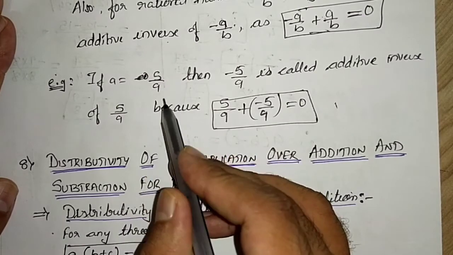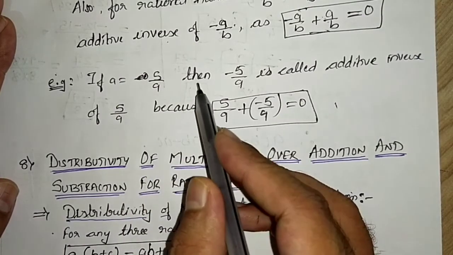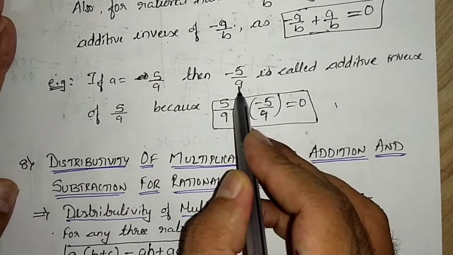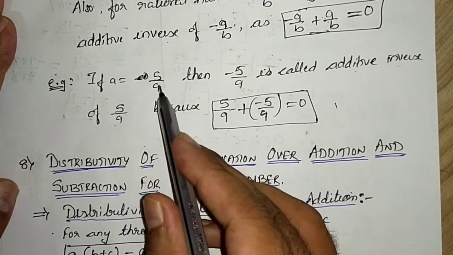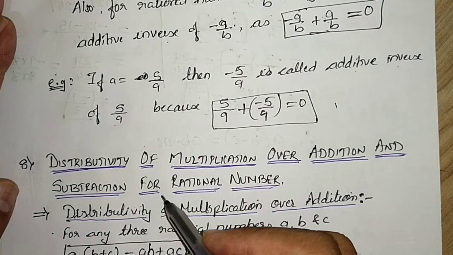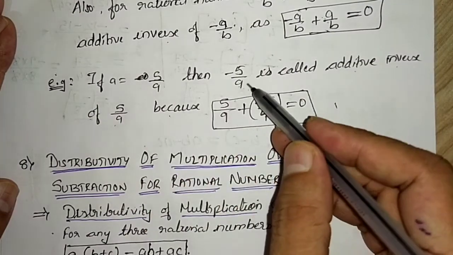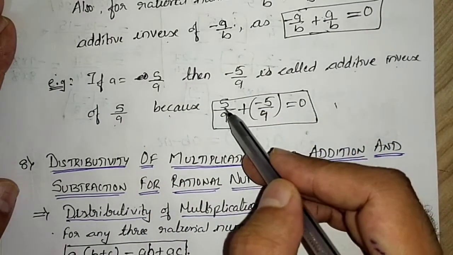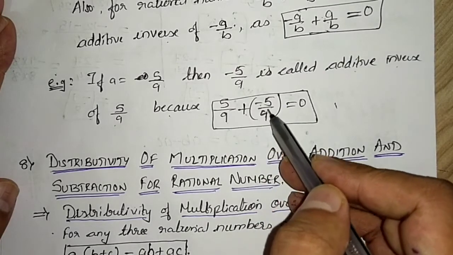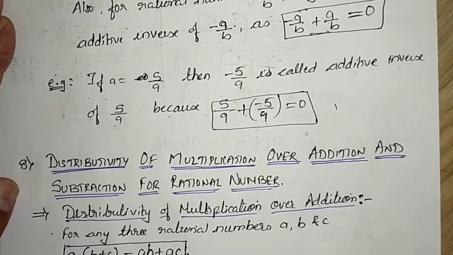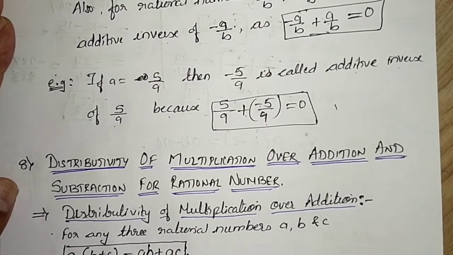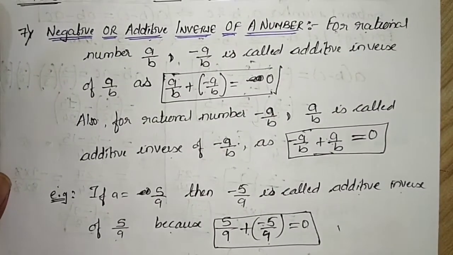If a is equal to 5 divided by 9, then minus 5 by 9 is called the additive inverse of 5 by 9. Why? Because when you add both of them, 5 by 9 plus minus 5 by 9, you will get the answer as 0. Hope you have understood the additive inverse of a number.